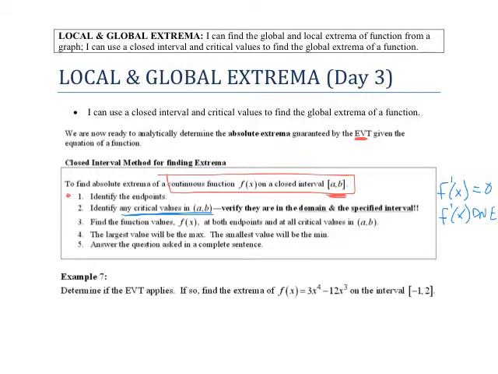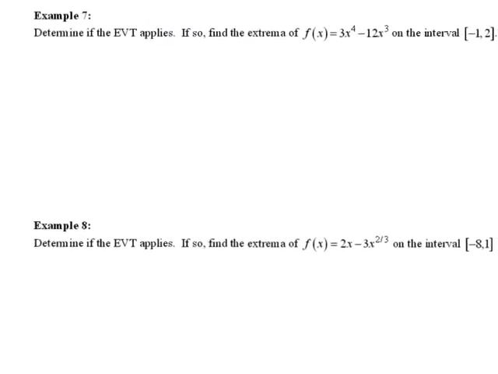And it's important that that critical value be in the domain. And then from there we're going to evaluate the endpoints and the critical values. The largest value is the max and the smallest is the min. Then we want to conclude with a complete sentence. So without further ado, let's tackle example number 7.